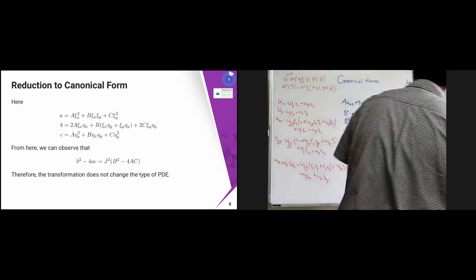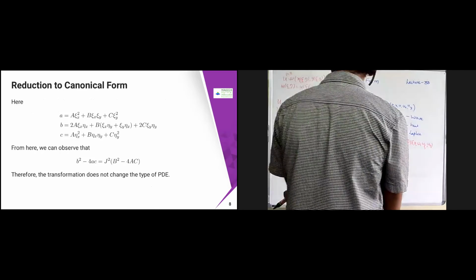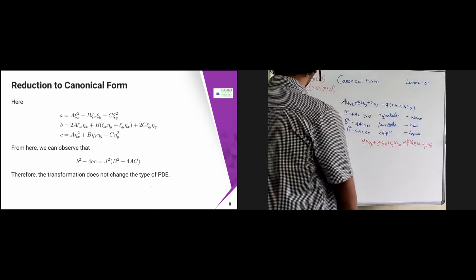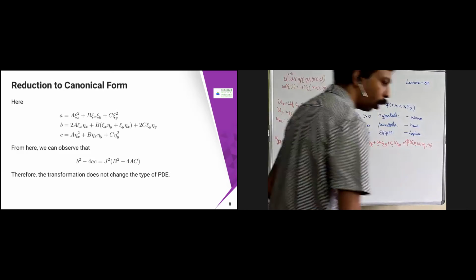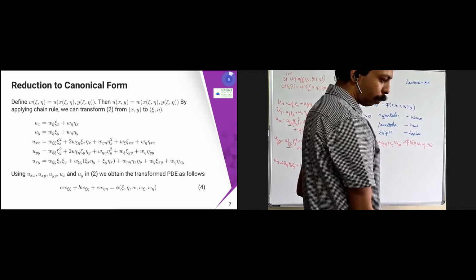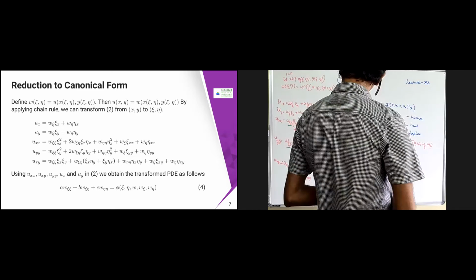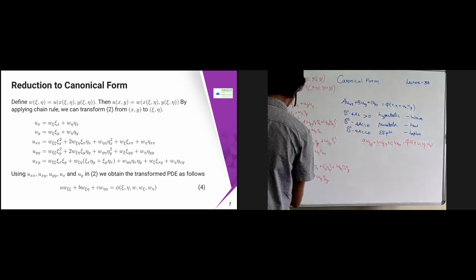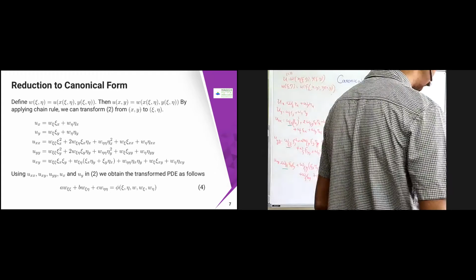And then one more term is there, in uxy, that is b into chi x chi y. B into chi x chi y is going to come. Okay, here one more term is there. So three terms are there. So I'm going to get that out of it.